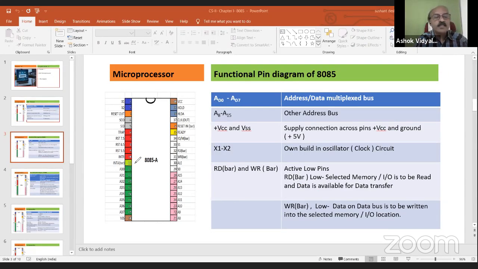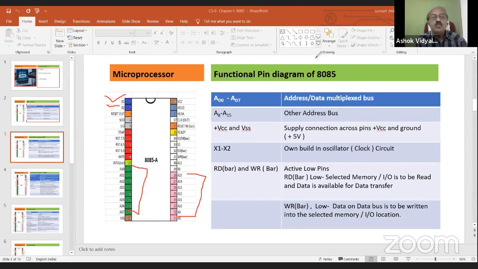Let's see where these read and write pins are. These are the addresses and the data. X1, X2 are the clocks. Now where are read and write? Can you find out where read and write are? Can you put it in the checkbox?